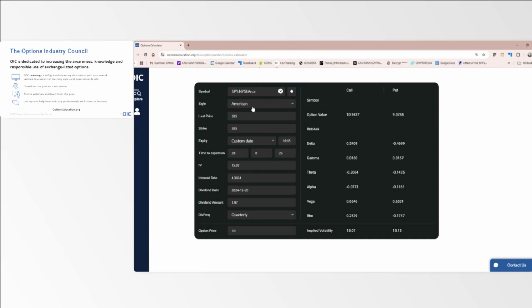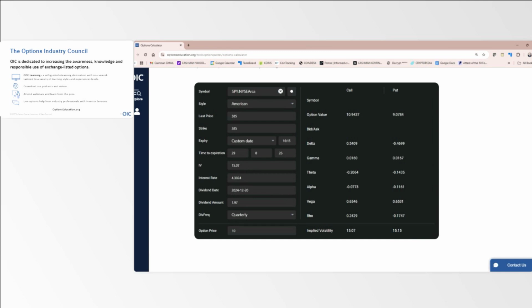Either way, professional traders are using something similar to this, just in a more sophisticated and faster way than what this is spitting out right now. They're using the style of option, the last price, the strike, the expiry, the time to expiration, implied vol, et cetera. These are all the standard inputs into option models.